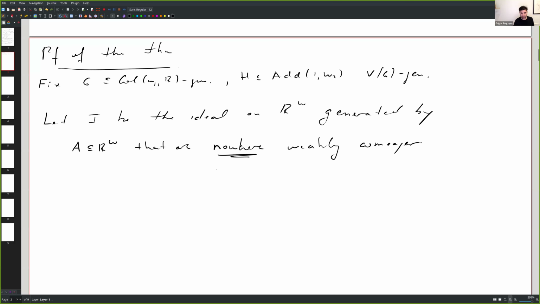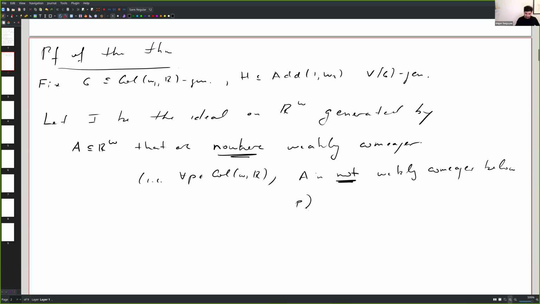We had this notion of weakly omega below P, i.e. for any P in the collapse forcing, A is not weakly omega below P. If you remember, that means that for a club of sigma that contain P, there are omega many generics that enumerate sigma, that belong to A. That's what it means.